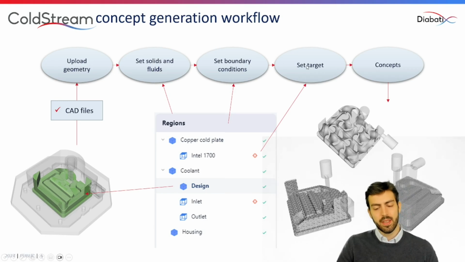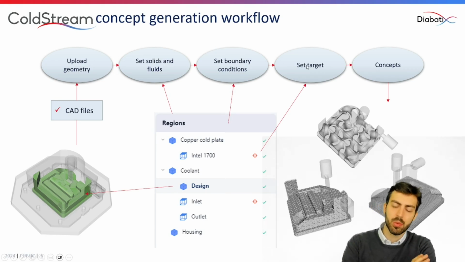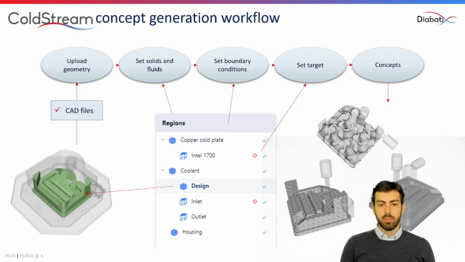Then at the end, this is the only main difference between normal software and ColdStream, is that you need to set your constraints and targets. So in this case, we want the peak temperature to be as low as possible, the variance to be as low as possible, all within the constraint of the pressure drop we have. That's what you set here. For example, here are the temperature targets you set, and here you set the constraint of the pressure drop on your inlet.